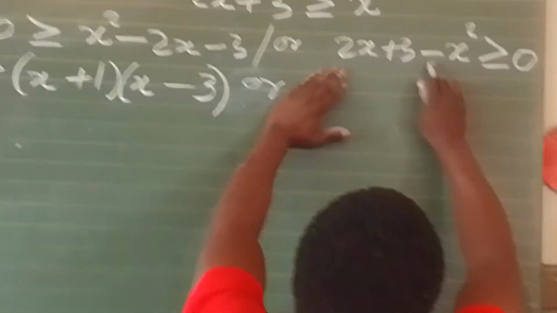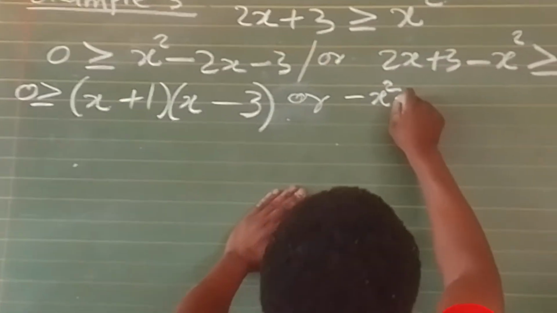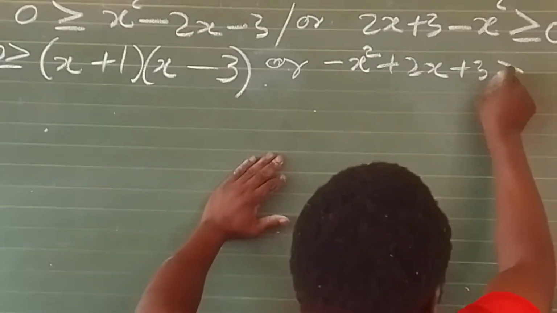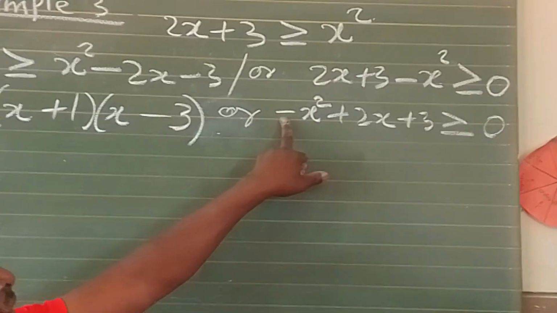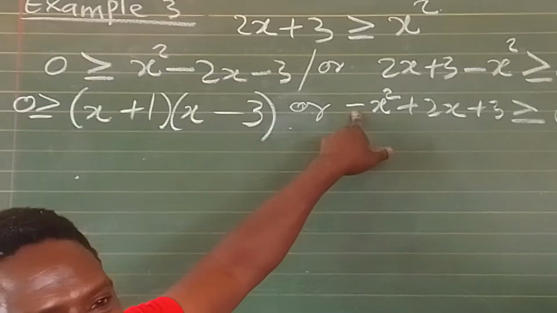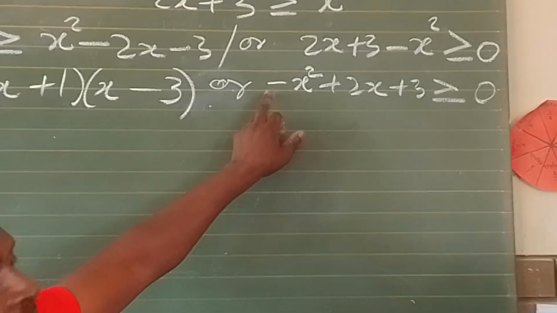Now, if it is like this, remember, it is minus x squared plus 2x plus 3 is greater or equals to 0. You see? Your a here, the coefficient of x squared, is negative. We do not factorize if there is that case.